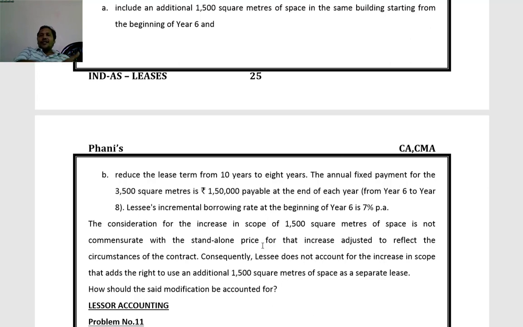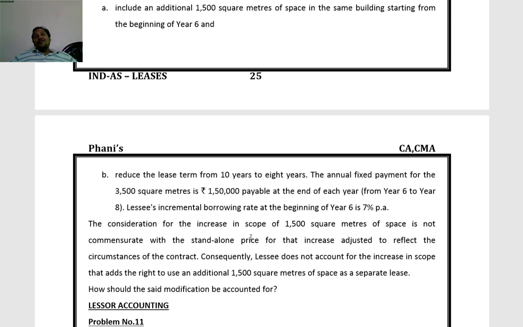If it is commensurate consideration and increase in scope, then definitely it has to be accounted for as a separate lease just by applying initial measurement principles. So the first category involves increase in scope of lease and commensurate increase in consideration. If both the conditions are fulfilled, the additional part has to be considered as a separate lease, based on normal measurement principles.